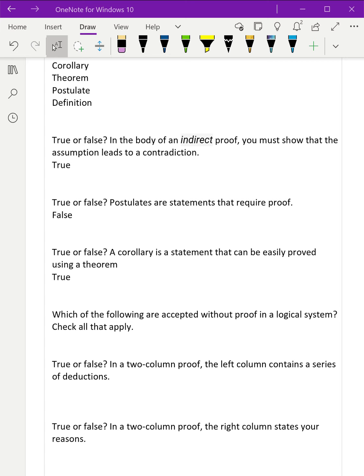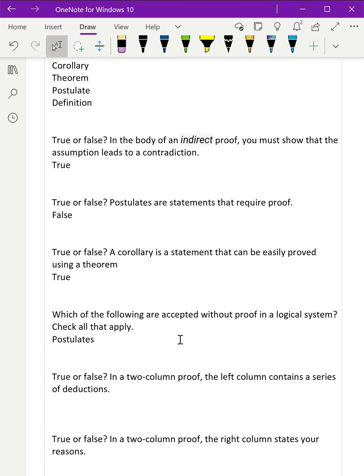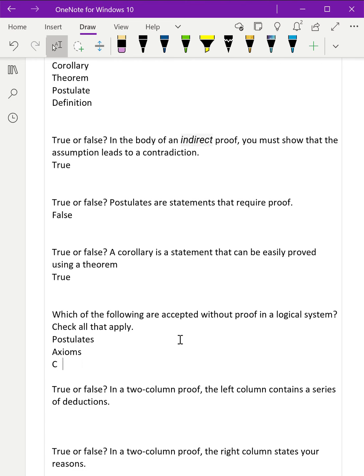Now, which of the following are accepted without proof in a logical system? Postulates. We saw that before with the previous one. Postulates are statements that we can just assume to be true. Axioms. Again, axioms are like our building blocks of any knowledge. We have that basis. Common nouns. I don't need you to prove that your name is John.